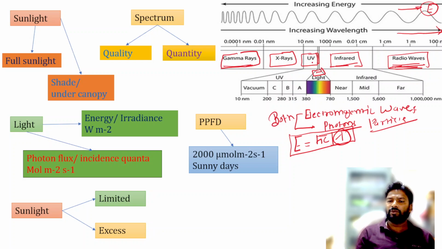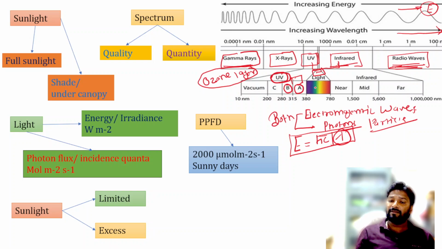Okay, so these are the rays present on the Earth's surface, and you know that most of the ultraviolet rays are absorbed by the ozone layer, but due to global warming and ozone layer depletion, more ultraviolet is coming to the earth, and mostly ultraviolet A and B are present on the earth.